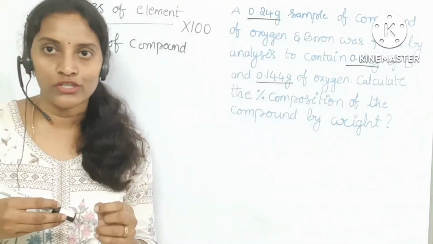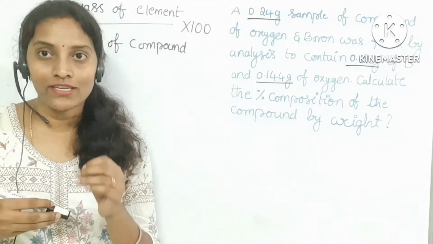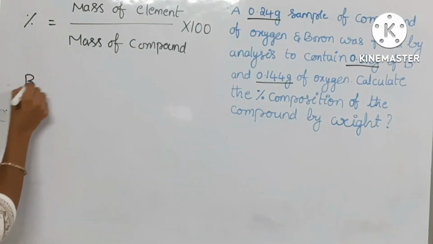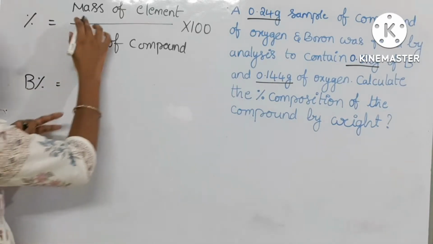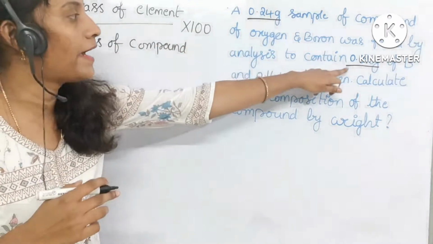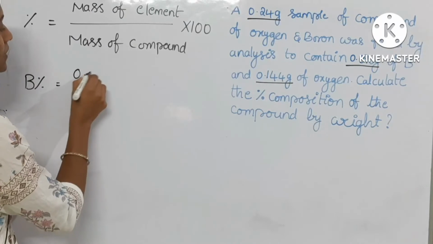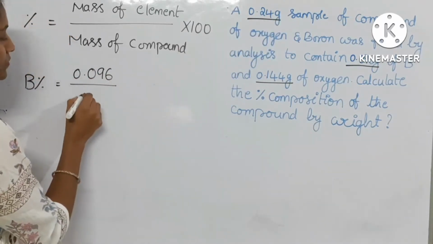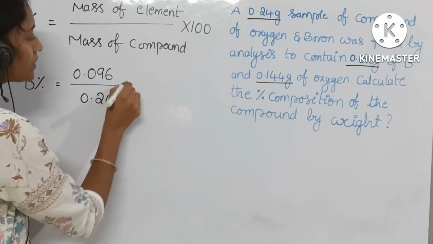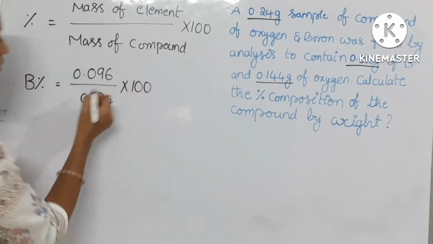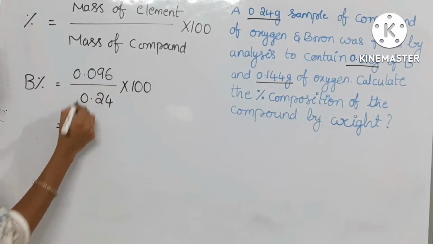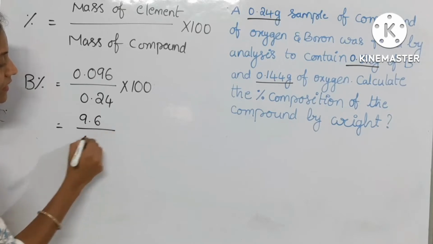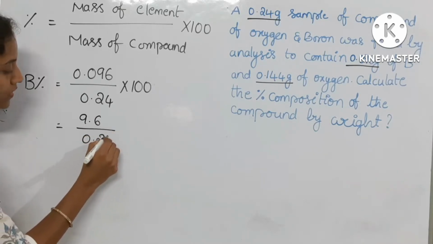First of all, I am going to calculate the percentage composition for boron. So for boron, percentage composition is equal to the mass of boron, which is here 0.096, divided by the complete compound's mass, 0.24 grams, into 100. By multiplying with this 100, 0.096 will become 9.6 divided by 0.24.